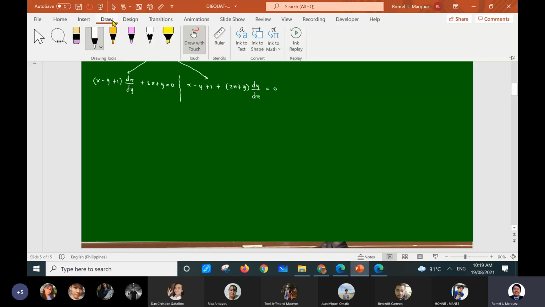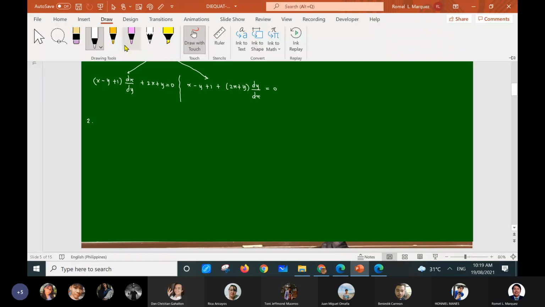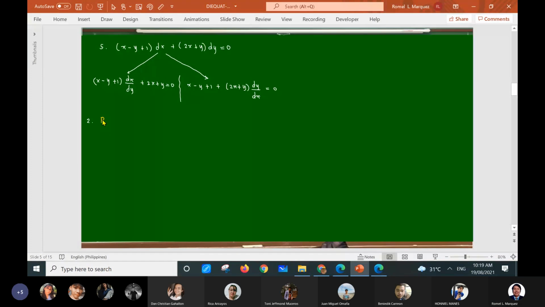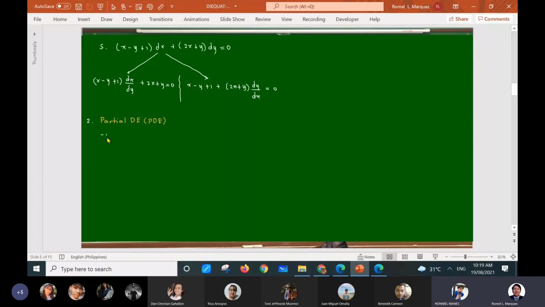The second one, guys, we have number 2: partial differential equation. What is a partial differential equation, or PDE? Any idea, guys? It contains multiple variables.